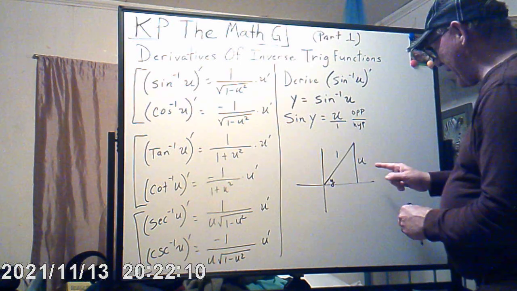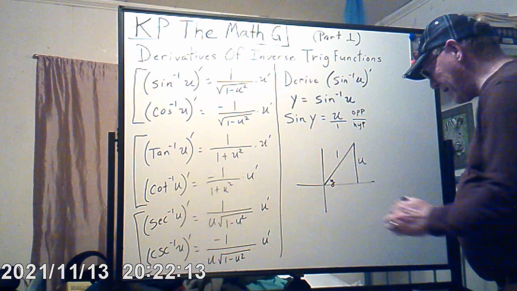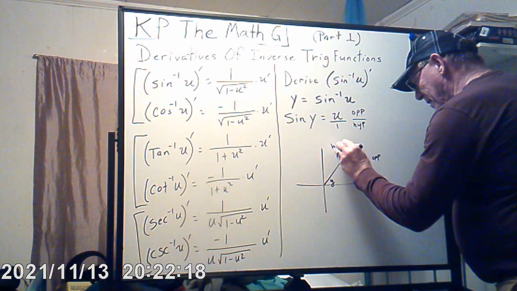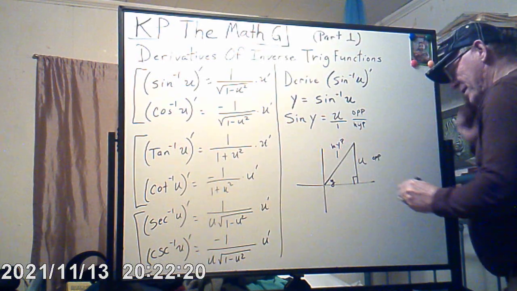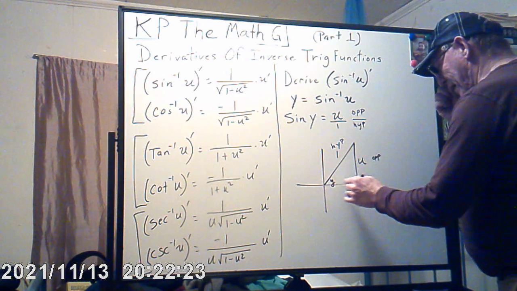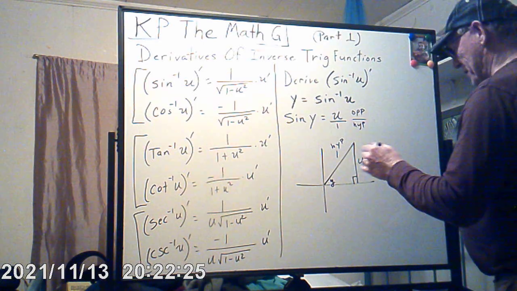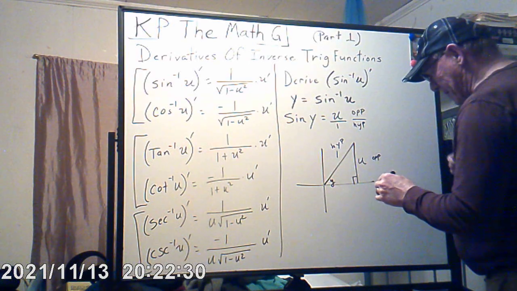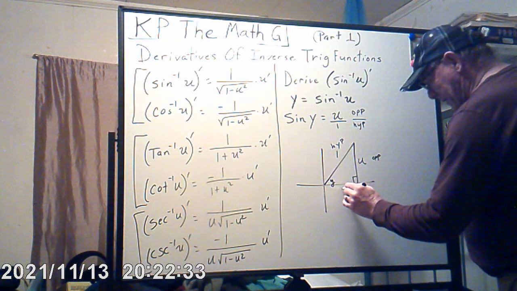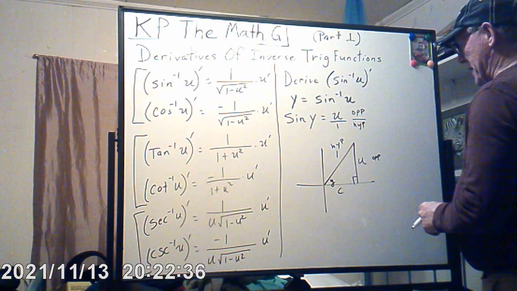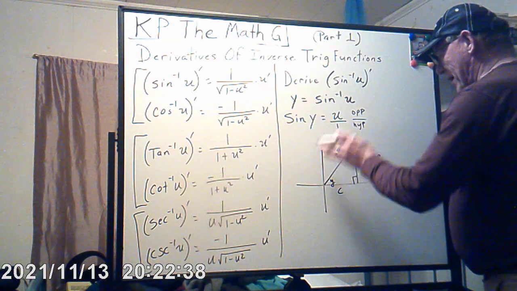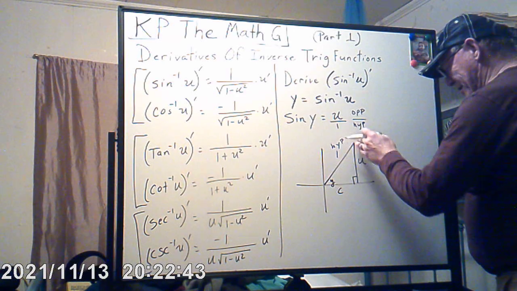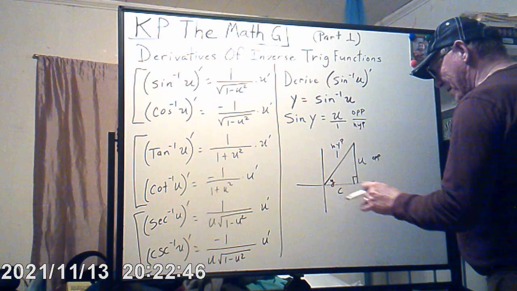Okay, so let's look at it. I have a right triangle drawn here, and here's the opposite. This is the hypotenuse. And then we want to find out what this is right here also, because we're going to take the derivative of both sides. So here we go. Let's call this C for now. I don't want it to be X or Y. We're just going to call it C. So we know that the sum of the squares of the two legs equals the square of the hypotenuse.